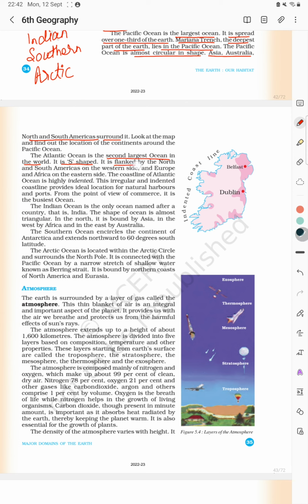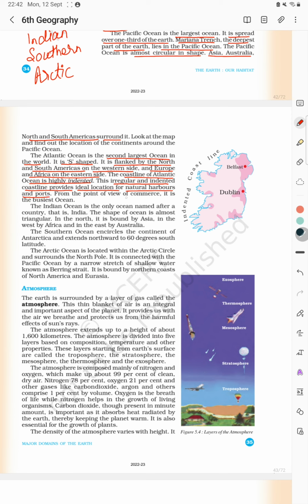It is flanked by North and South America on the western side and Europe and Africa on the eastern side. The coastline of the Atlantic Ocean is highly indented. This irregular and indented coastline provides ideal locations for natural harbors and ports.